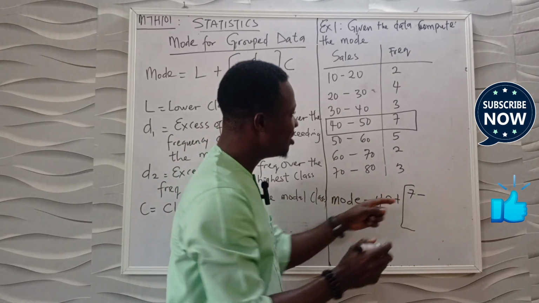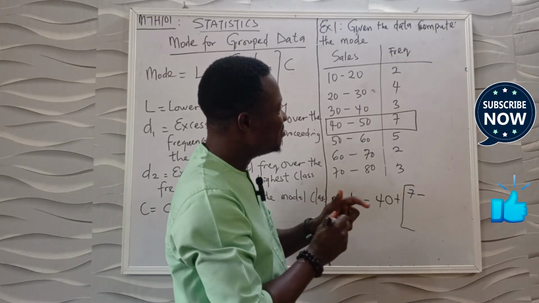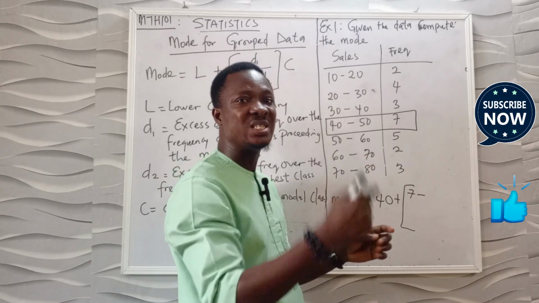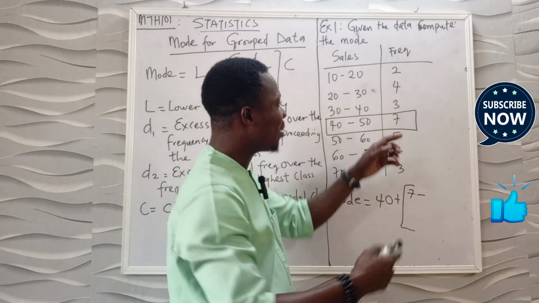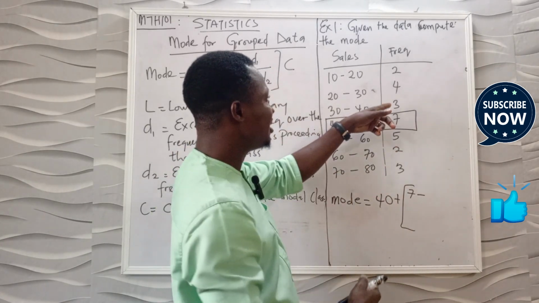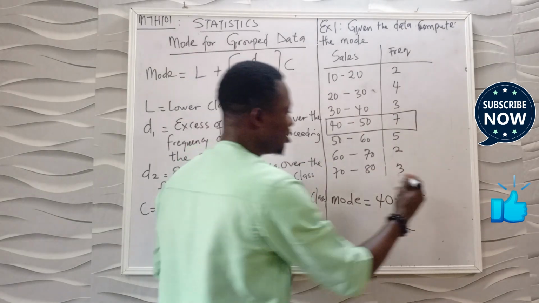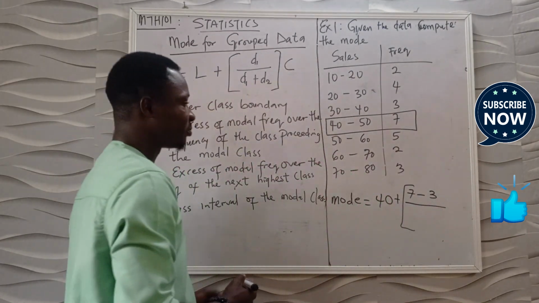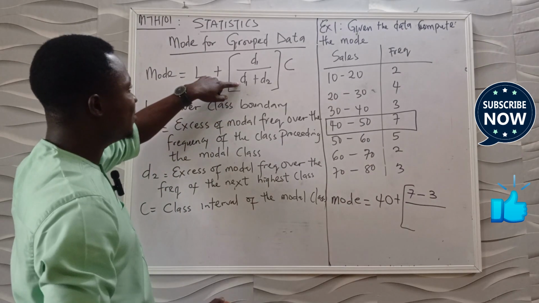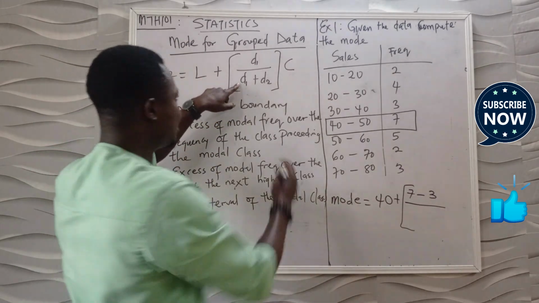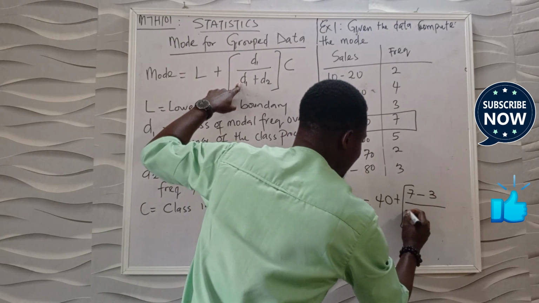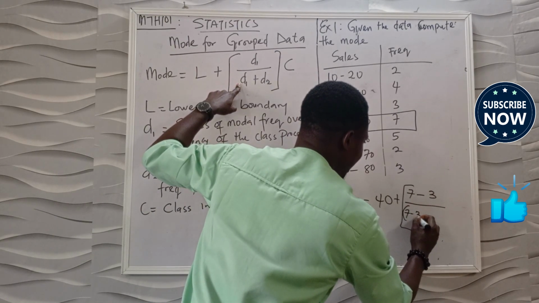It simply means the frequency of the modal class minus the frequency before the modal class. The frequency before the modal class is 3. So we have 7 minus 3 over D1 again, which is 7 minus 3, in brackets.